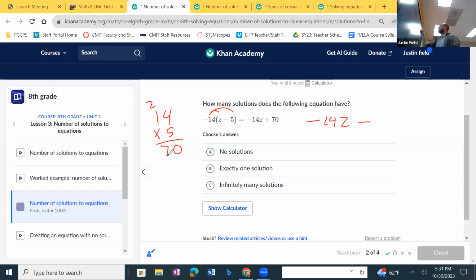Perfect. Okay. And then the negative times the negative is positive 70. So that's that side. And then this side right here, I'm just gonna rewrite that over there.